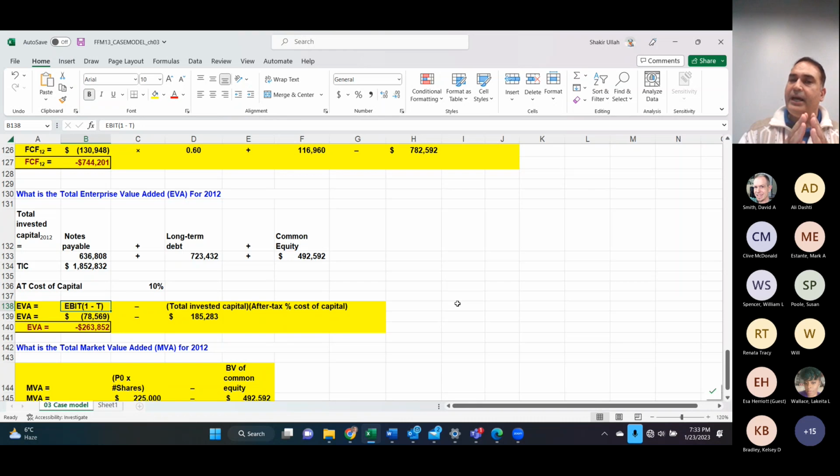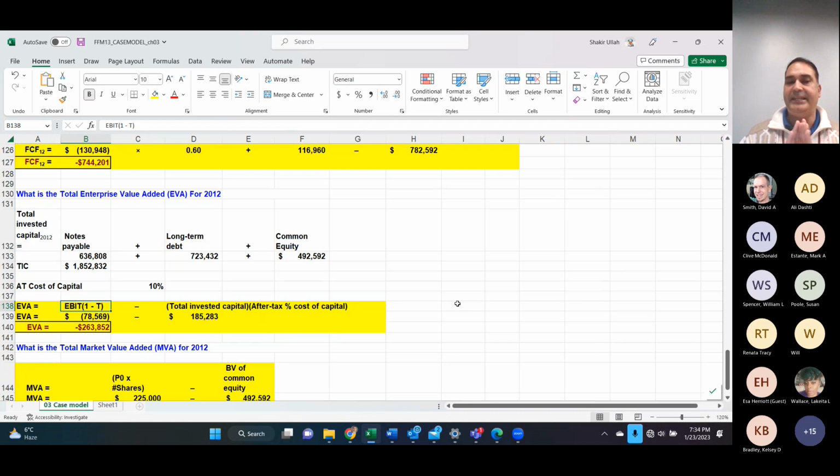If I generate $150,000 from this business, then I have generated like 50,000 extra. That 50,000 extra means that I have added value to the enterprise. And how much value have I added? 50,000.